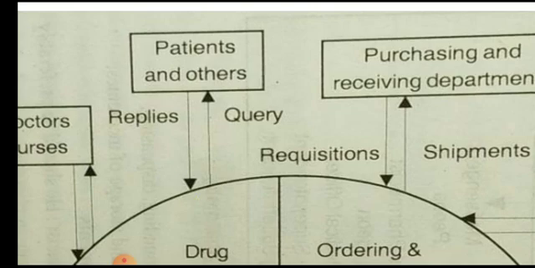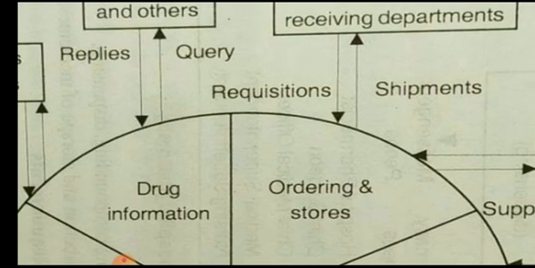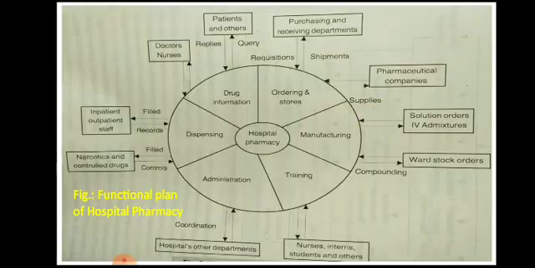The reply should be given to all the patients, along with the counseling, by the pharmacist regarding the problems faced by the patients, or even sometimes by the doctors or nurses who are having problems about the drugs. They have to be cleared by the hospital pharmacist through the thorough knowledge possessed by him.